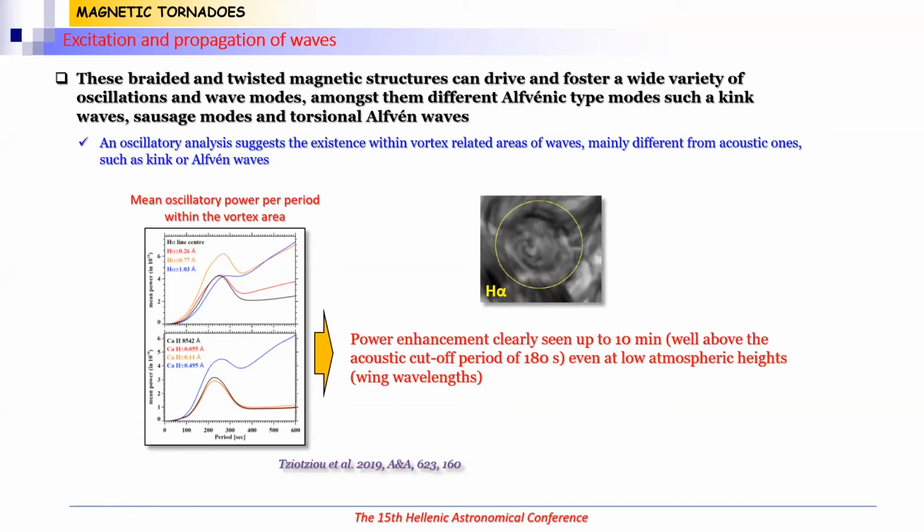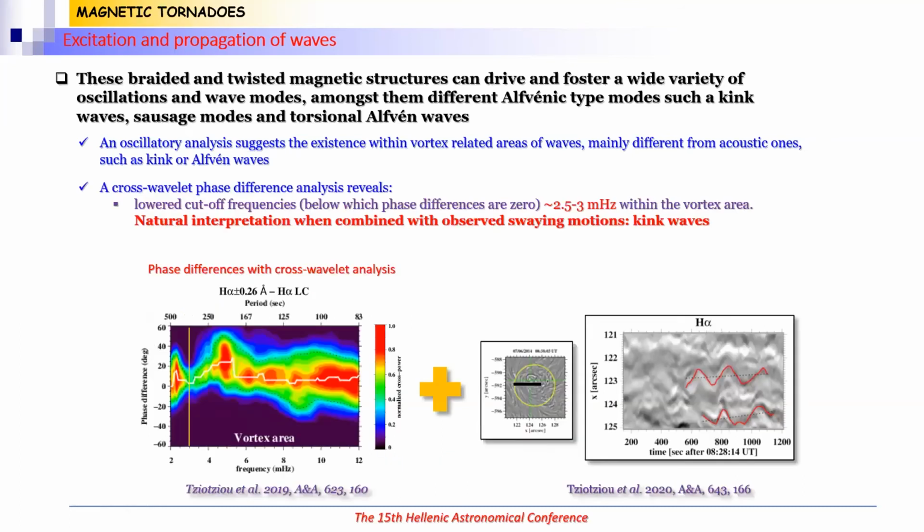suggesting that there are actually other wave modes different than the acoustic ones, so magnetoacoustic wave modes. Furthermore, we have employed a cross-wavelet phase difference analysis, and we see that within the vortex area, the cutoff frequency, which is indicated by this yellow line, is basically between 2.5 and 3 millihertz.